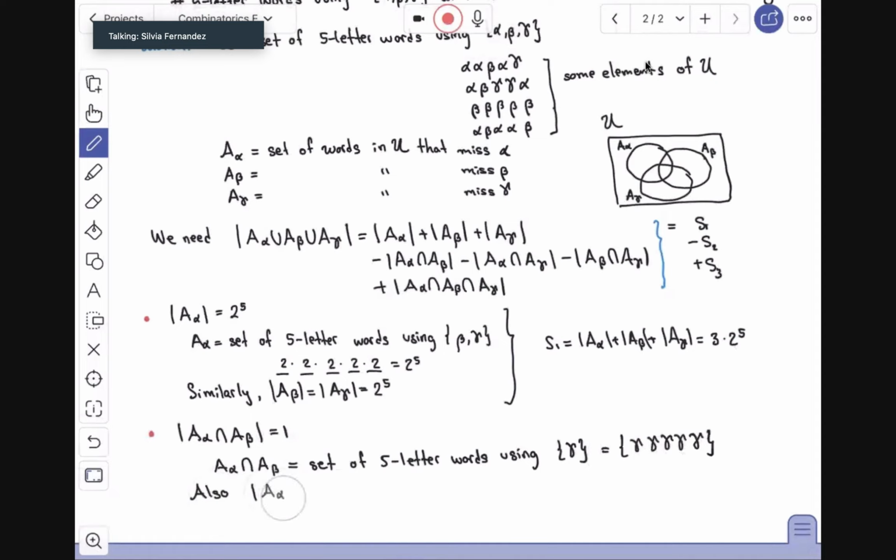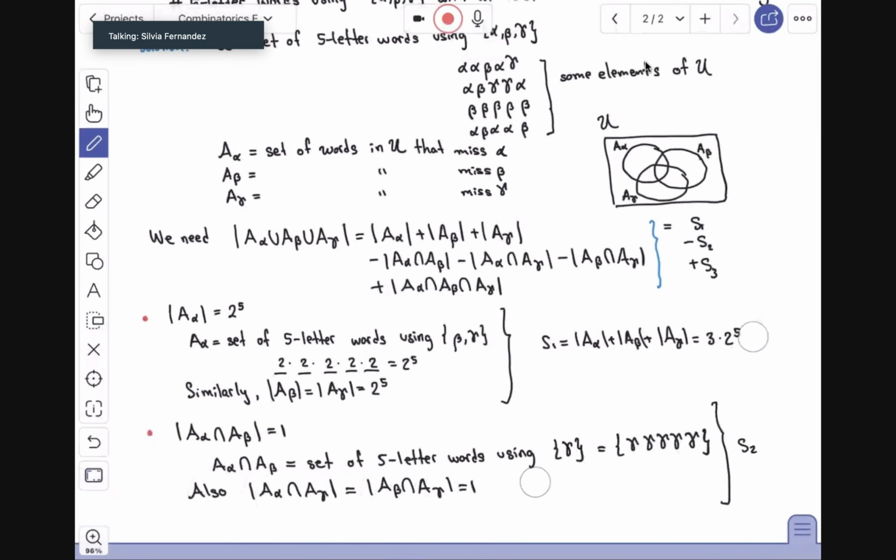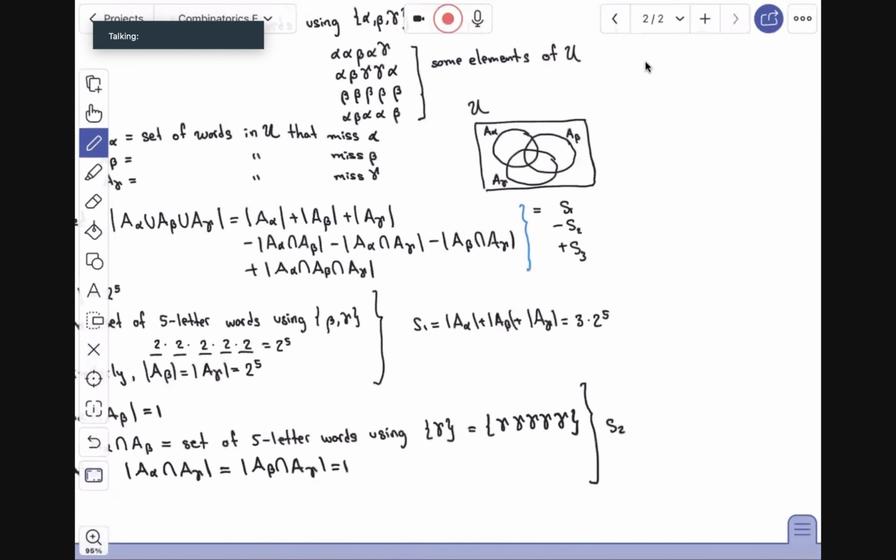So A alpha intersection A gamma and A beta intersection A gamma is just 1. So this one tells me that S2 is equal to 3.